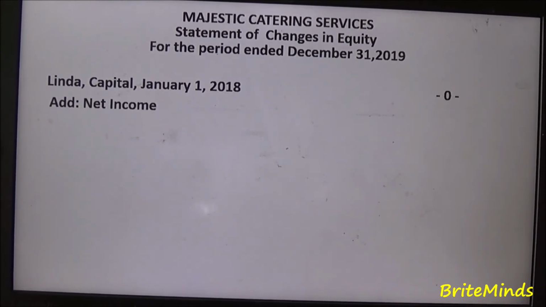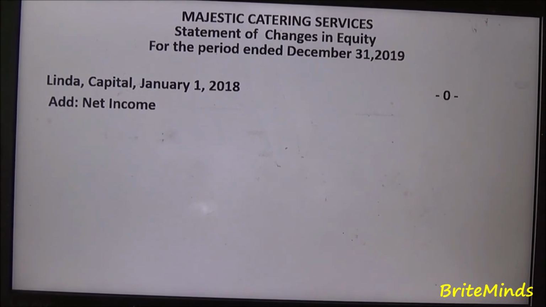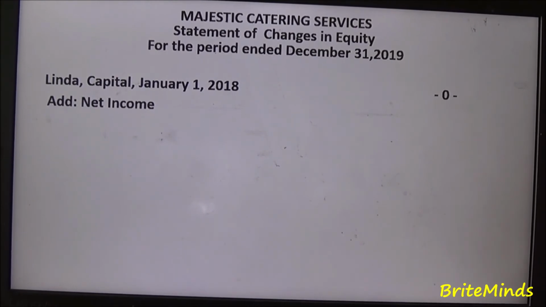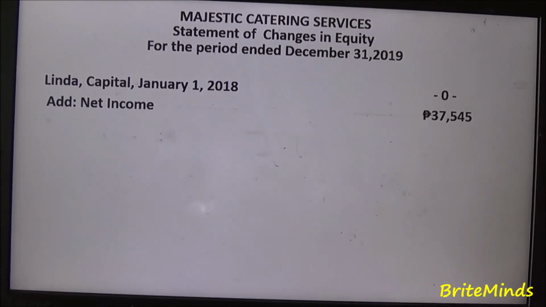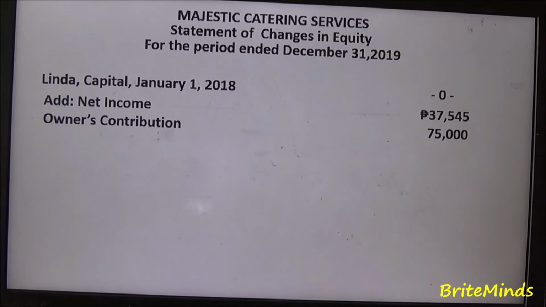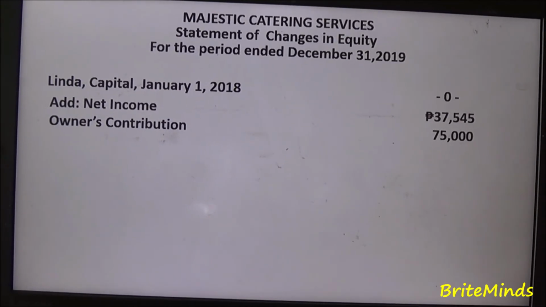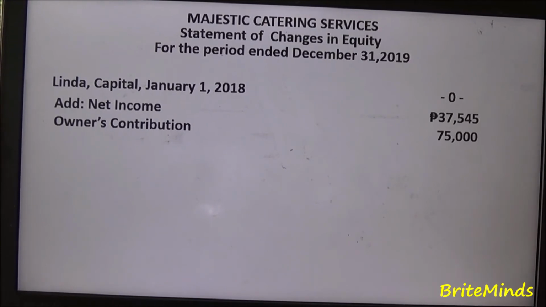And then add the net income. So in 2018, the business generated 37,545 pesos. And in that year also, the owner contributed 75,000 pesos to purchase kitchen equipment and fresh produce for the business.